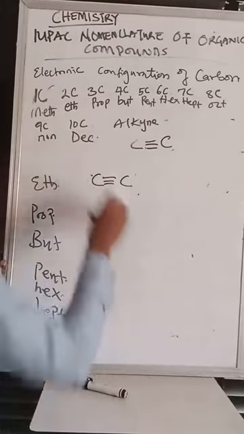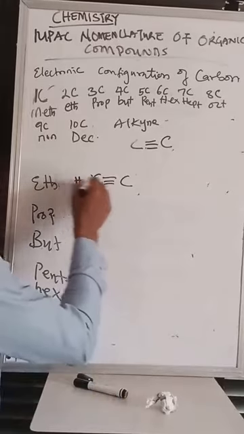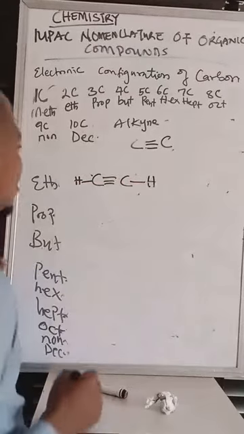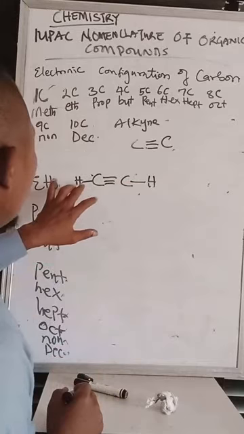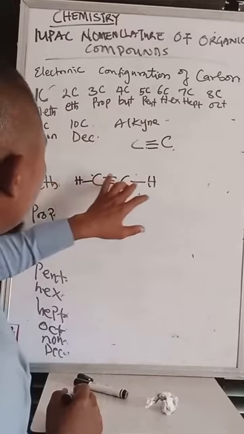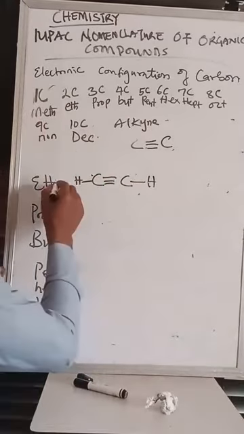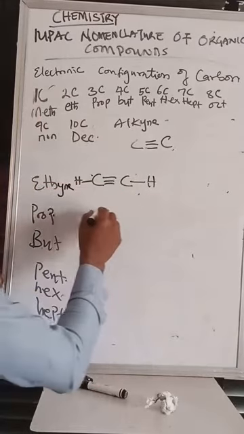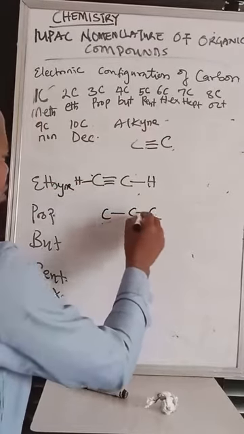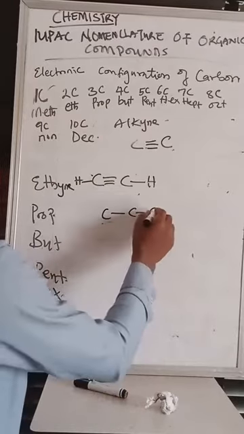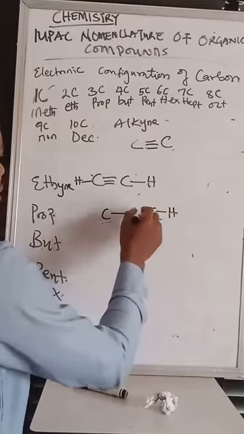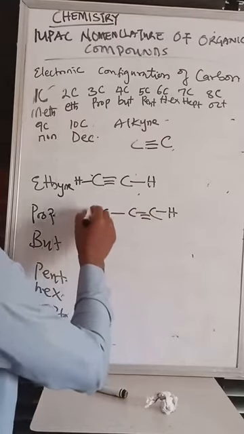It has 3 bonds already, so I only need 1 more bond. Because it's a hydrocarbon, you have 1 hydrogen here, and this becomes your ethyne. For the third member, I'll have 1, 2, 3, 4. This doesn't need any hydrogen, it is satisfied.